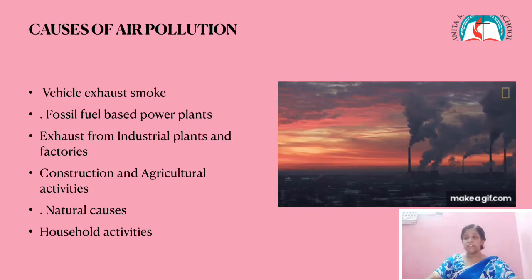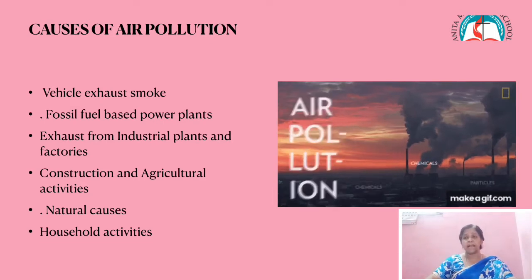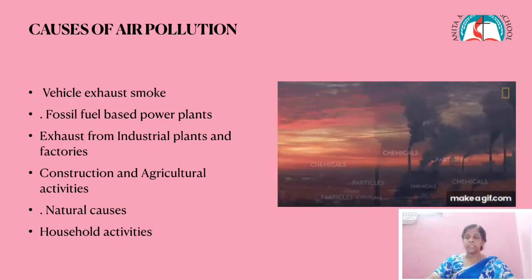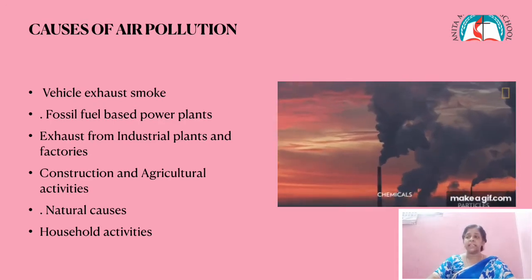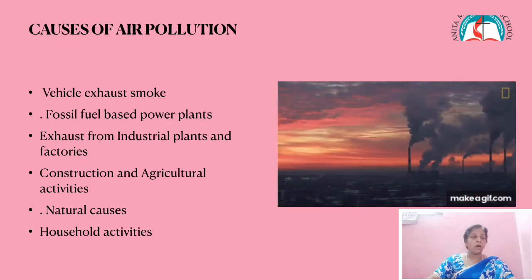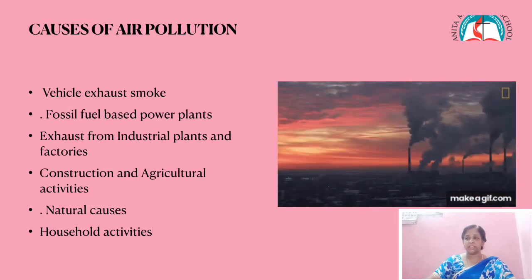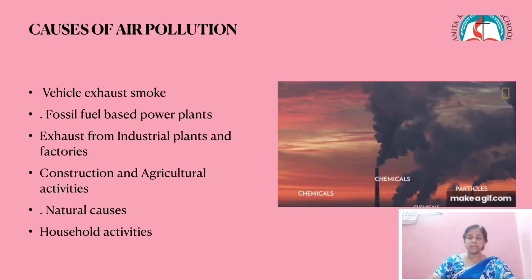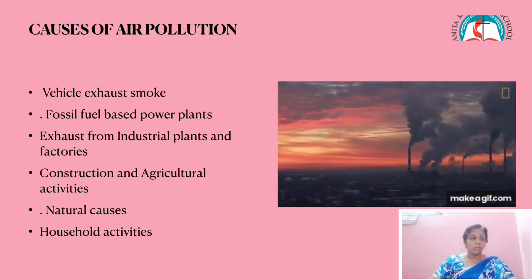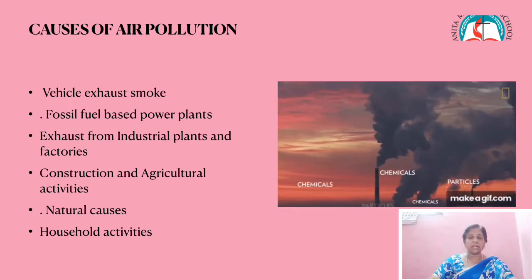The next one will be exhaust from industrial plants and factories. Heavy machineries located inside the industries, factories and industrial plants also emit pollutants into the air. Construction and agricultural activities: potential impacts arising from the construction debris would include dust particles and gaseous emissions from the construction site.